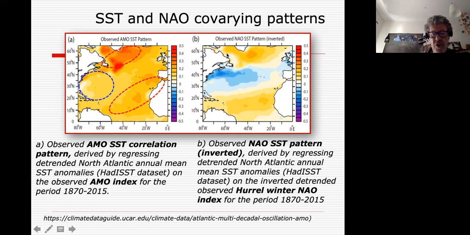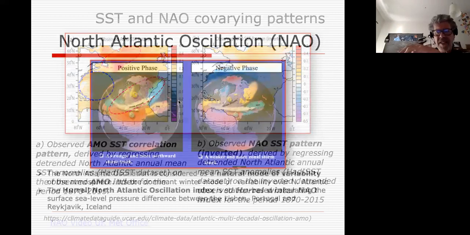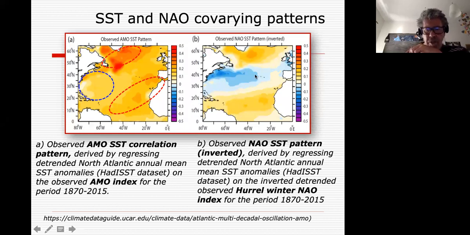But again, we have a three-pole or three-band structure, which closely resembles, at least in space, the northern positive anomaly and the mid-latitude tropical anomaly that can be found also in the AMO structure.